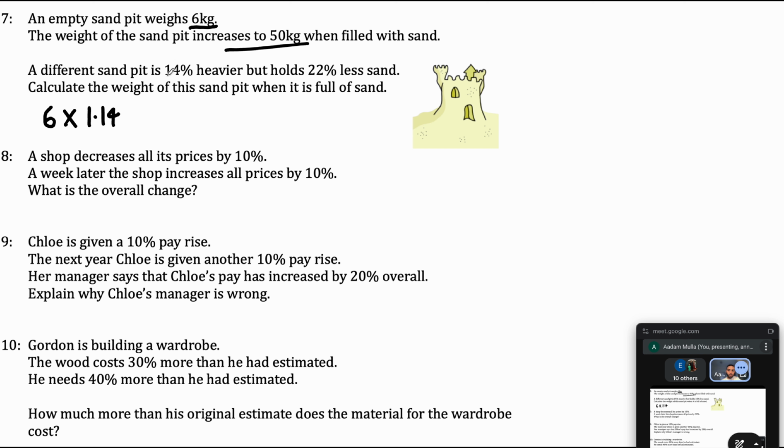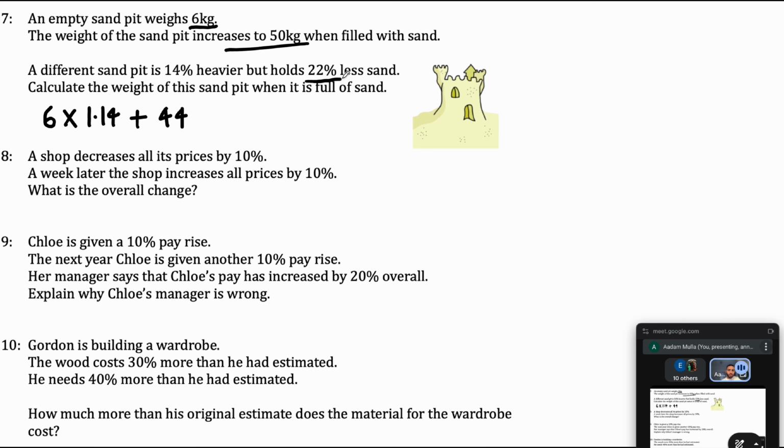1 add 0.14 gives you 1.14, but it holds 22% less sand. So the next step that we need to do is we're adding on the weight of the sand, but it's going to be 22% less. So the amount of sand that can fit in is 44, because we've got 50 take away 6 to get the 44.